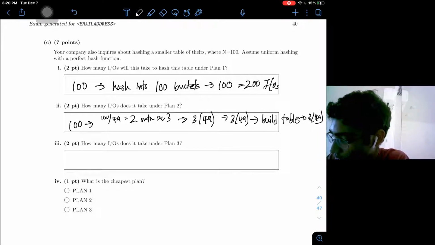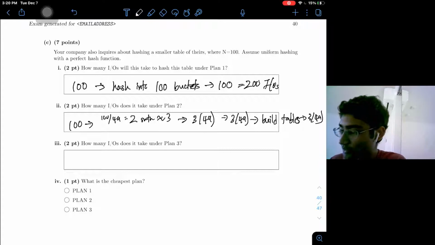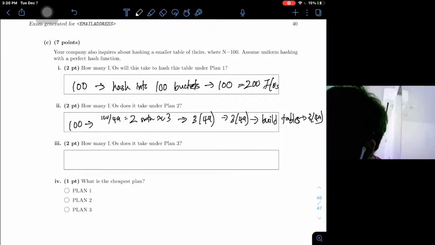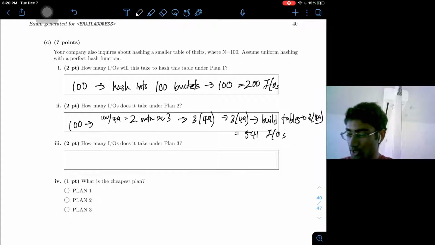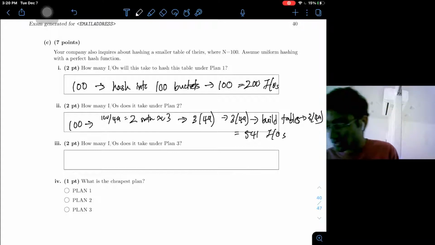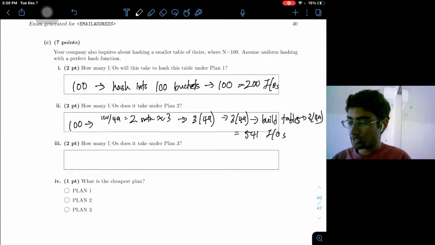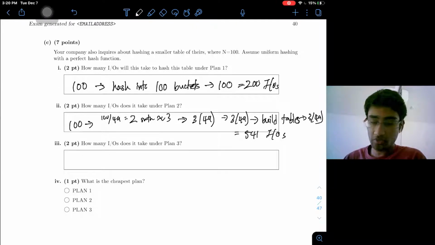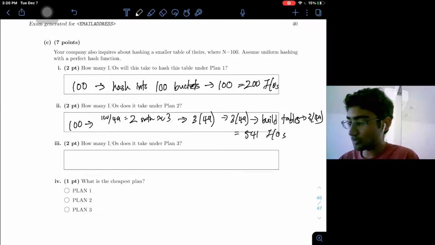So we're building multiple tables, a table for each partition, and we write those tables back to disk. In this case, that ends up being a total of, we're adding 100 plus 3 times 49, which is 147, plus 147 plus 147 to get 351, or 551, sorry.